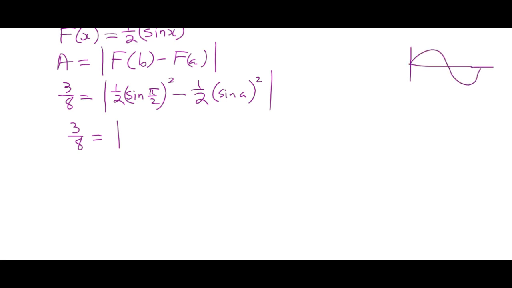So there's pi over 2, and that's quadrantal. It's 90 degrees, and sine of 90 is 1. So 1/2 minus 1/2 of sine a squared. Okay, so 3/8. This is 4/8, and we're going to be subtracting something from it, so we can drop the absolute value.